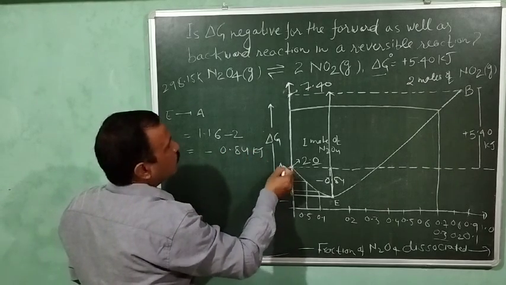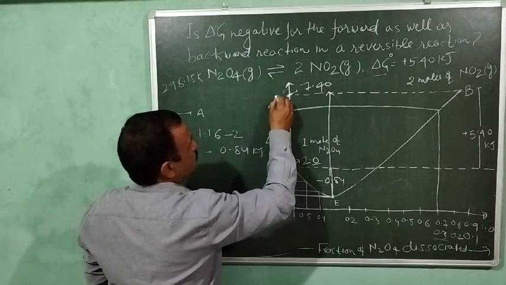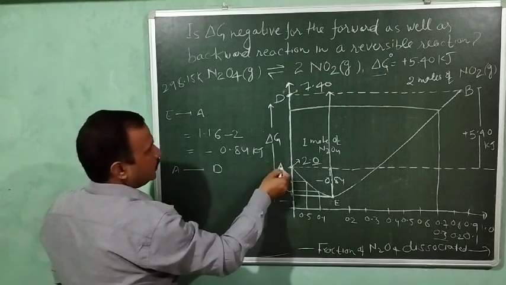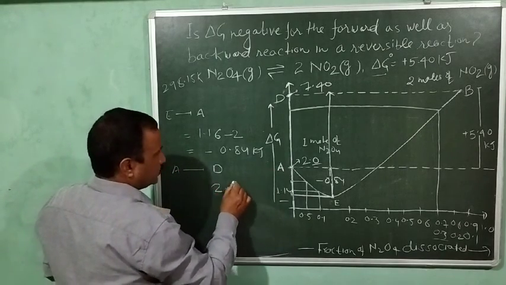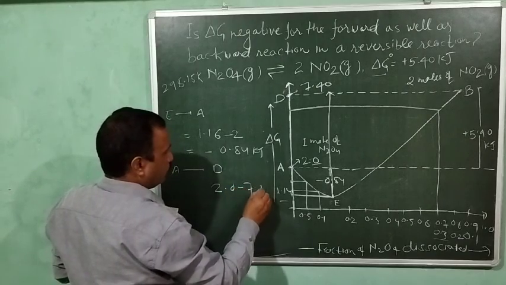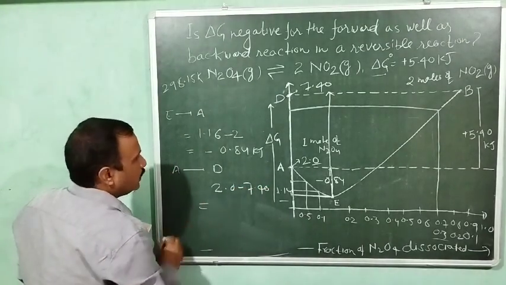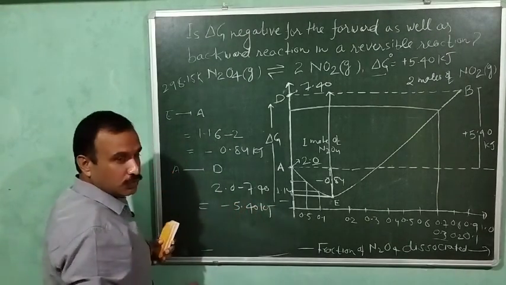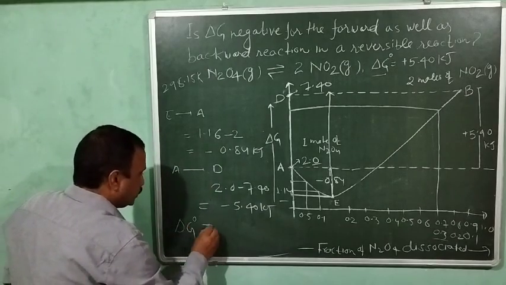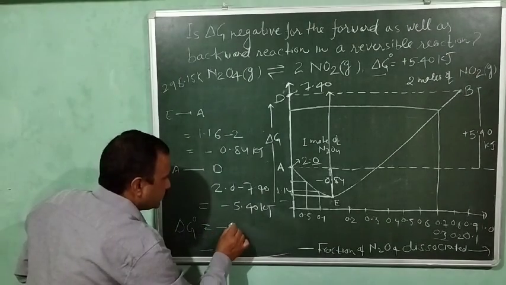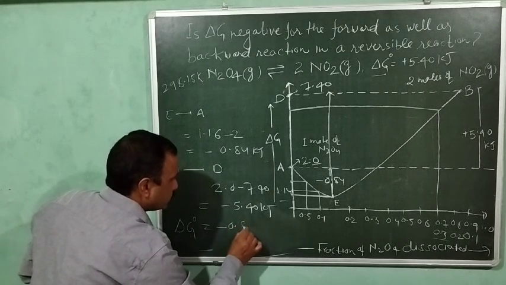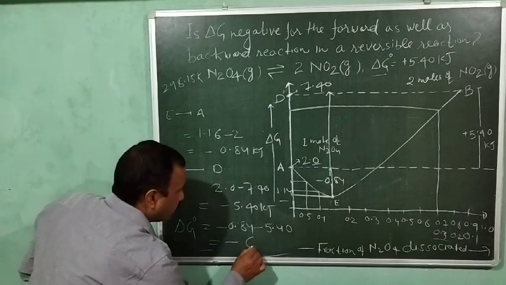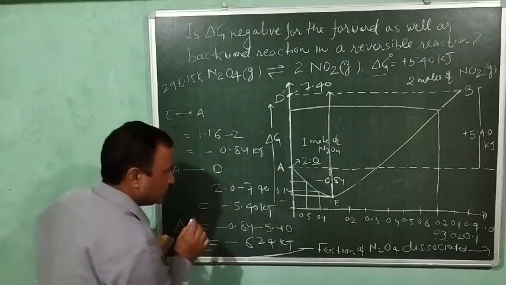And from A to this point, let this point be D, so from A to D the free energy change is 2.0 minus 7.40, then it will be equal to minus 5.40 kilojoules. So the total free energy change delta G naught is equal to minus 0.84 minus 5.40, and it will be equal to minus 6.24 kilojoules.